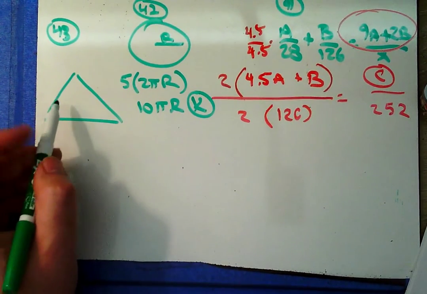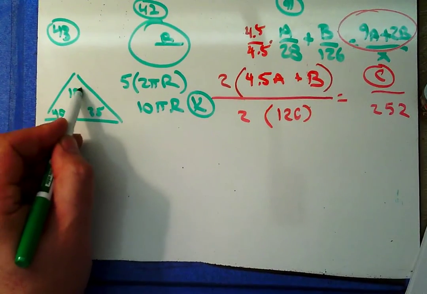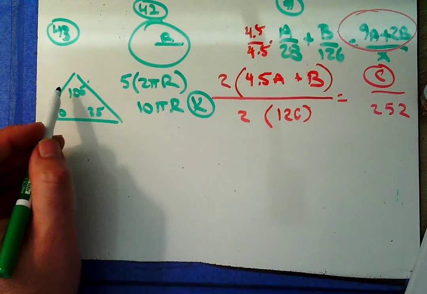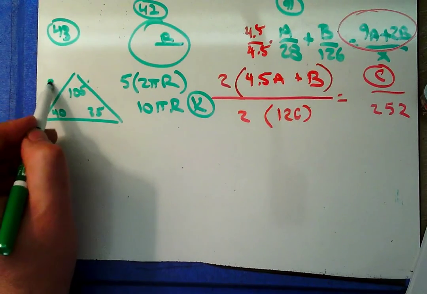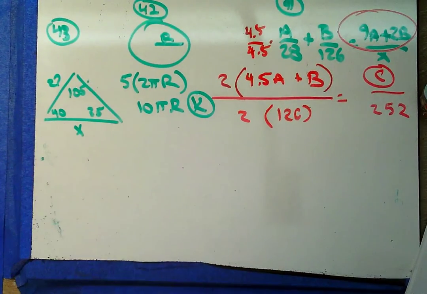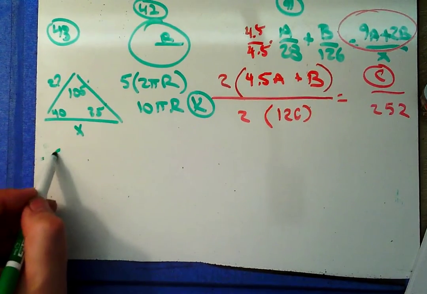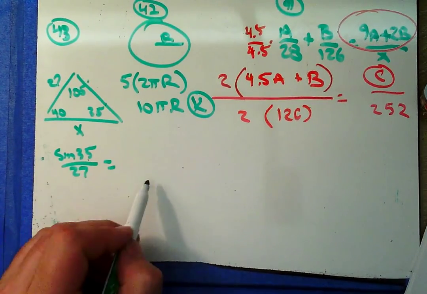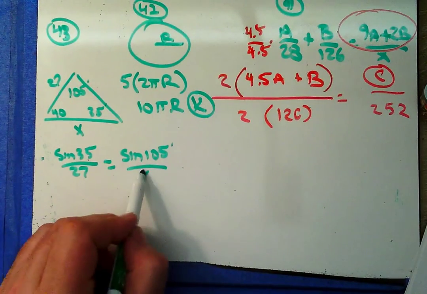We've used up 40 and 35, so this must be 105, and this is 27, and we're looking for this. So the law of sines wants us to work with opposite side angle pairs. So sine of 35 over 27 equals sine of 105 over x.